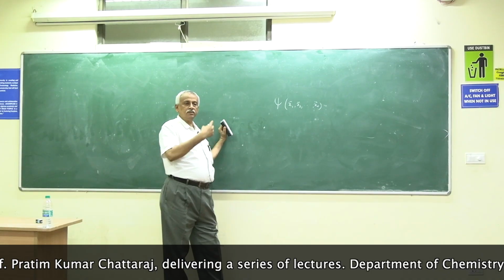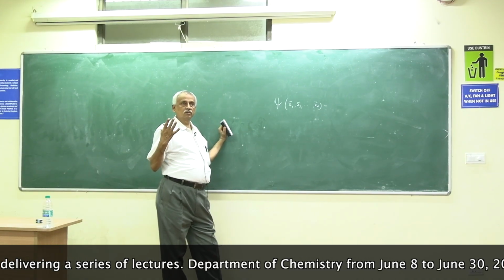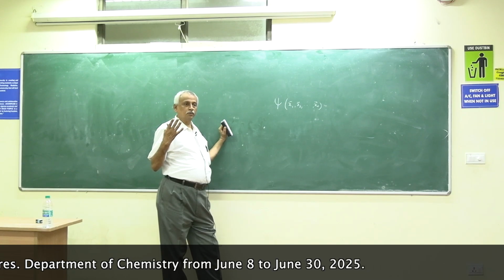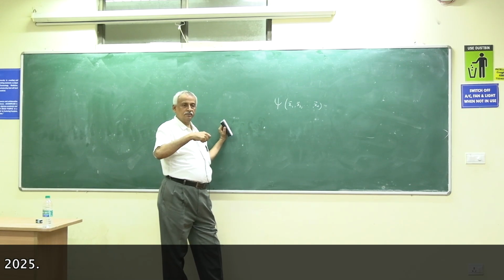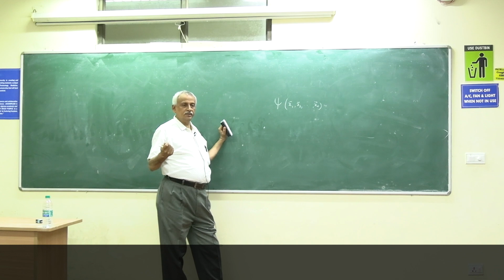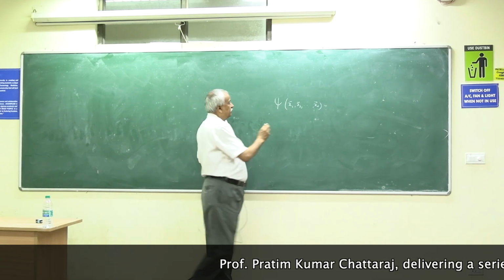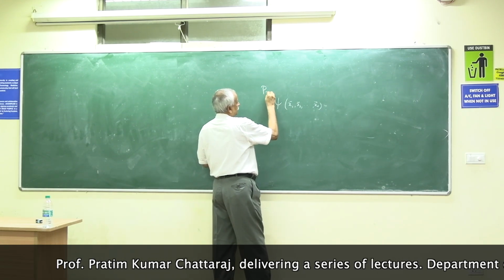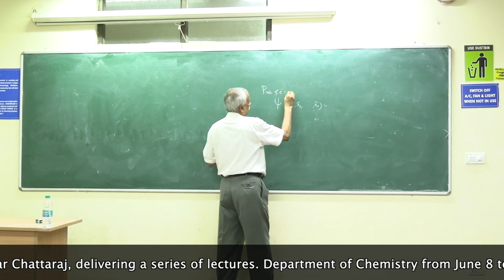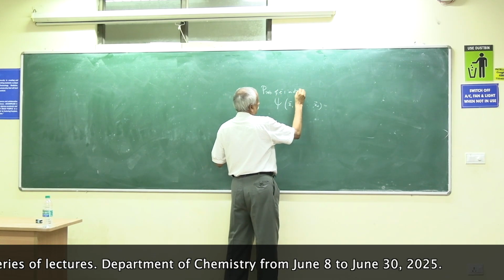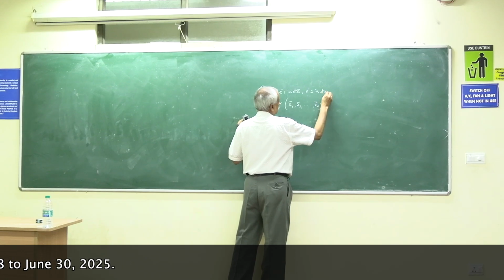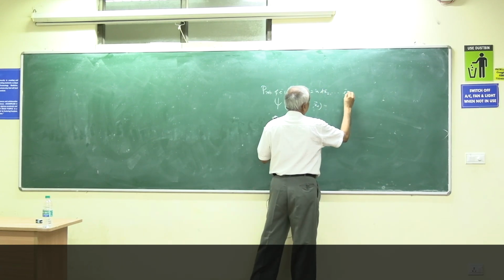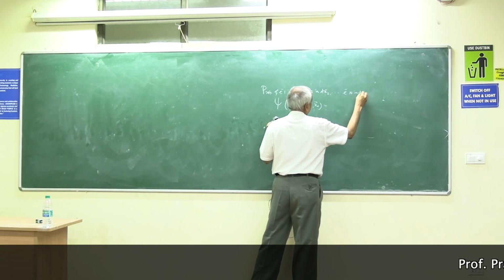Now for this general situation, suppose I want the probability of getting electron 1 in dx1, electron 2 in dx2, electron 3 in dx3, up to electron n in dxn simultaneously.